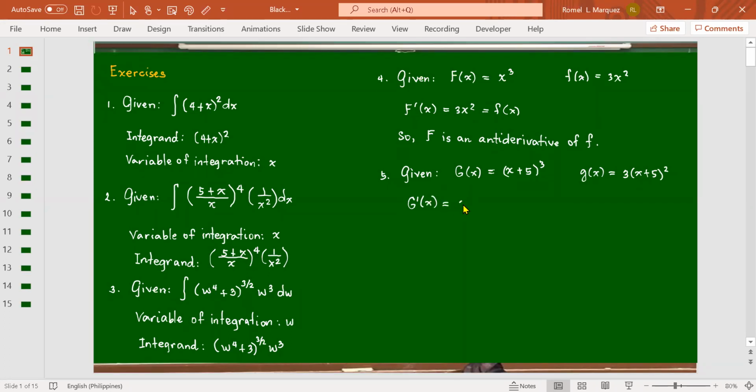That is equal to 3 times (x plus 5) raised to 2. The derivative of the inside is 1, no? And this happens to be small g. Am I right? So what conclusion can we get out of this? We say that big G is an antiderivative of what? Small g. Okay?